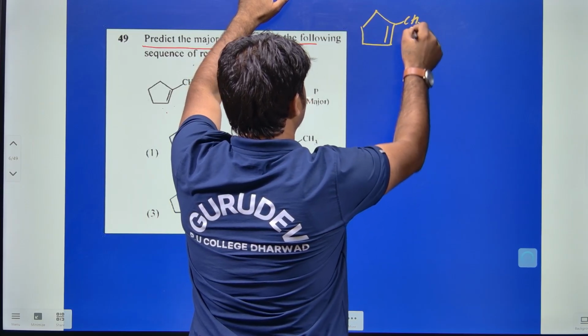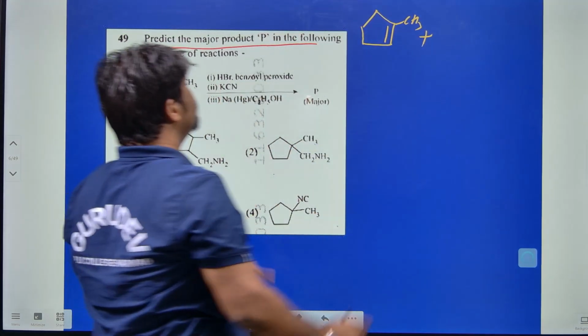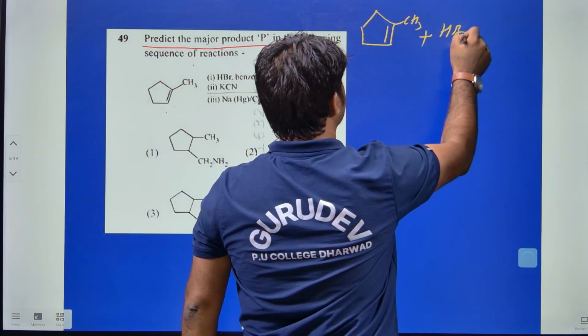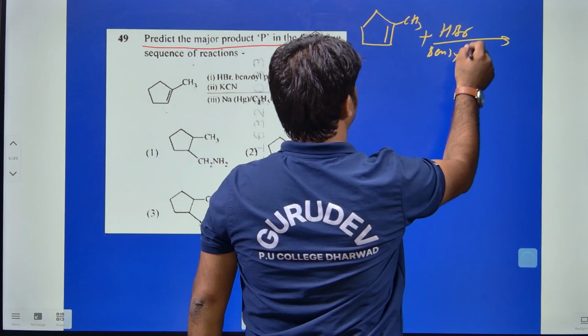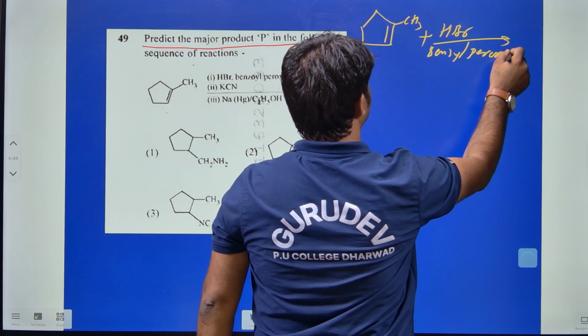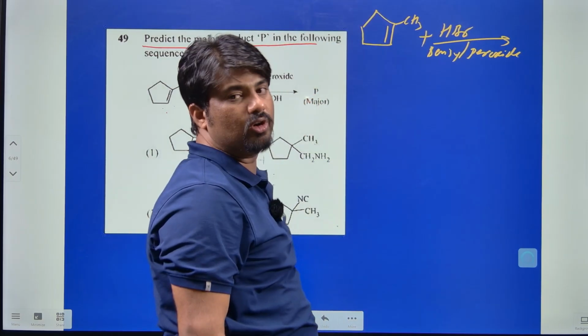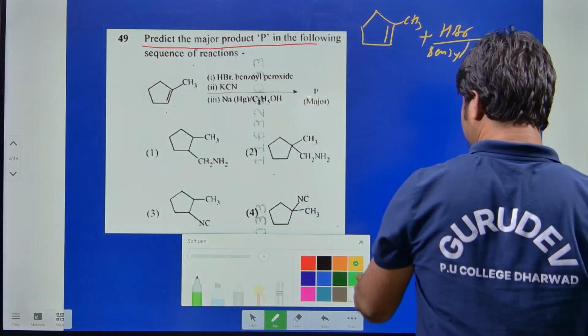Here there is a double bond. When this molecule is treated with HBr in the presence of benzyl peroxide, it actually undergoes anti-Markovnikov addition.